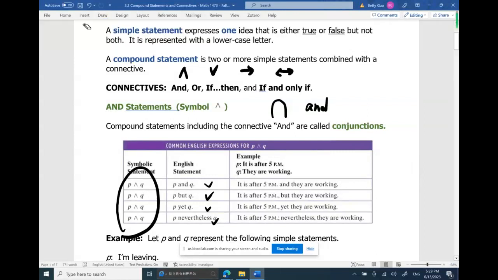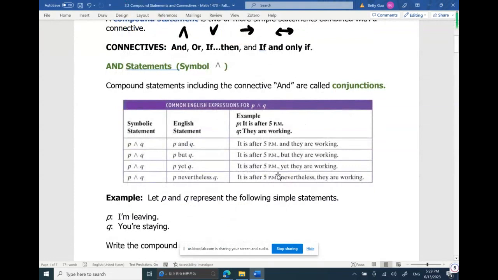That's the basic definition of conjunction, the upside down V. We have many tables in these sections. I recommend you pause the video and read them through. The information in the tables is very important.